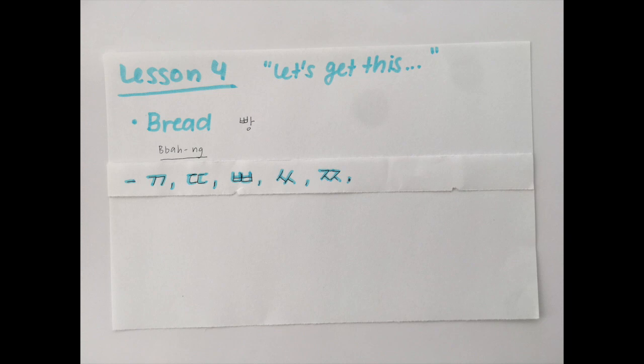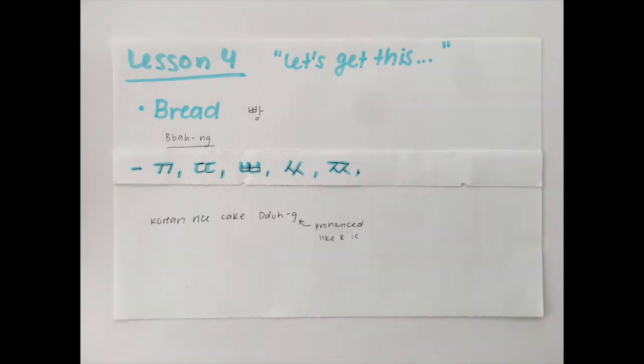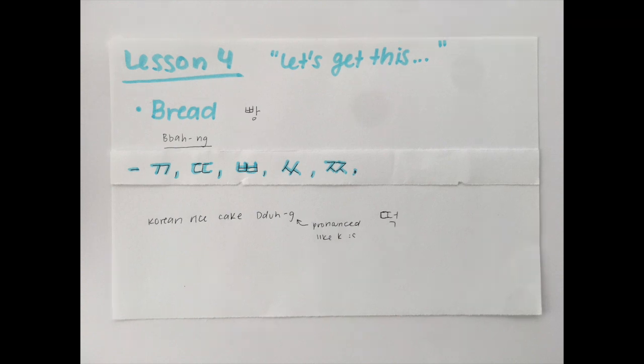You could only use this for the G sound, D sound, B sound, S sound, and J sound. Another example is the Korean word for rice cake, 떡. It has a very prominent D sound, and this is in comparison with only a regular one D sound. It would be 떡 versus 떡, if that makes any sense.